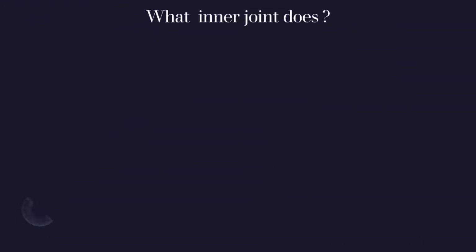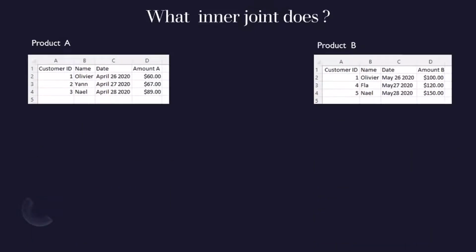Now, let's see what is an inner join and how we can use it. For that, let me take a scenario where you're working for a private company where you are selling two types of products, product A and product B. Or you can be, for example, a project manager where your project is delivering two types of services, service A and service B. For each product, you have a data set giving you your customer, the date, and the amount of product bought by each of your customers.